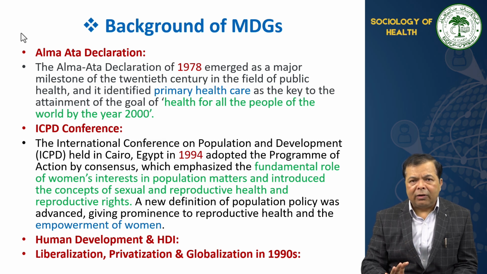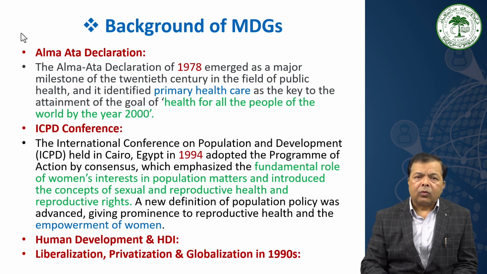So way back in 1978, the Alma Ata Declaration of WHO and UNICEF made a very important declaration and categorically stated that health for all should be the goal of humanity. So this is how health, and primarily health for all, became a dominant discourse in the political as well as social milieu at the global level.